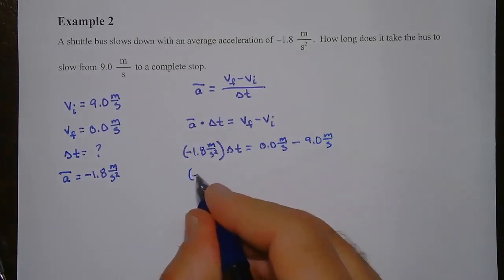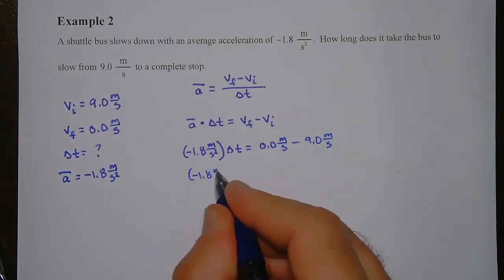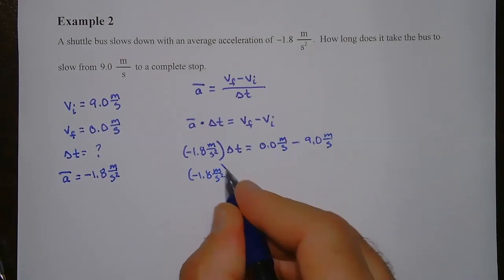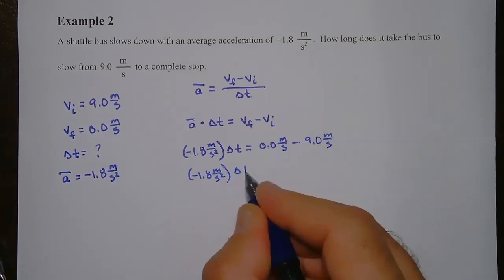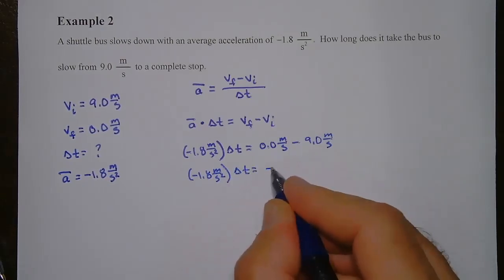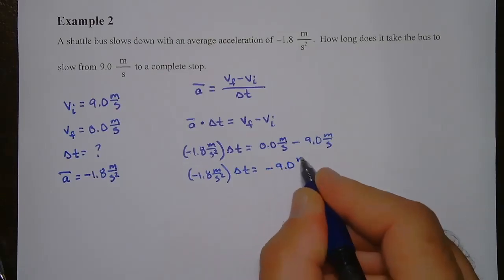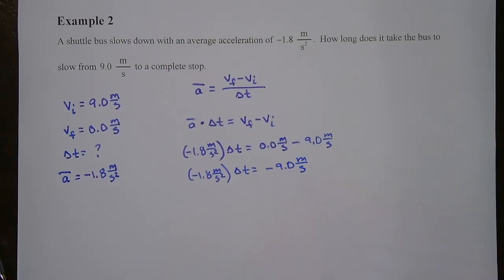That gives me negative 1.8 meters per second squared times delta t is equal to negative 9.0 meters per second.